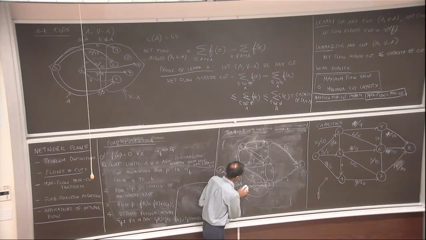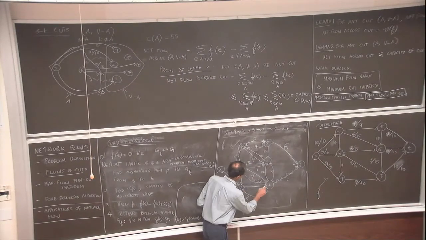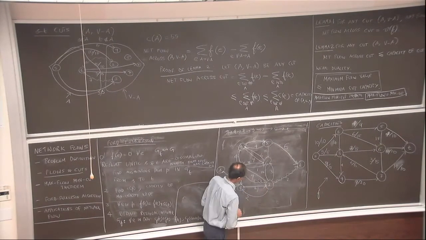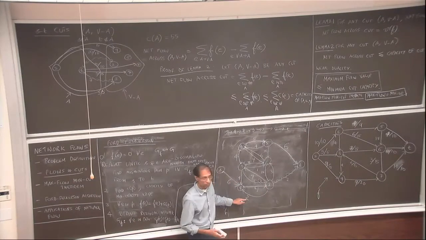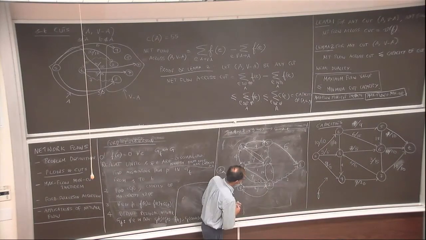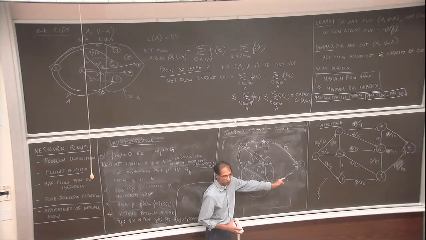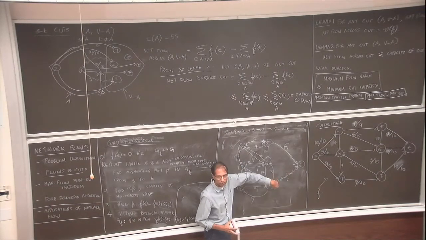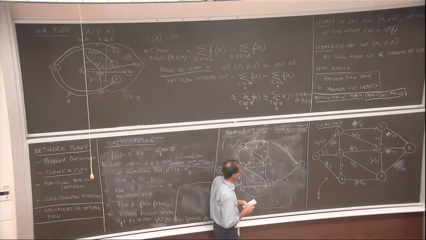This is now 28 minus 7, 21. This increases to 9. And this becomes 7 minus 7, 0, so that's gone. I won't put a reverse edge because it's coming from T, it is not needed.